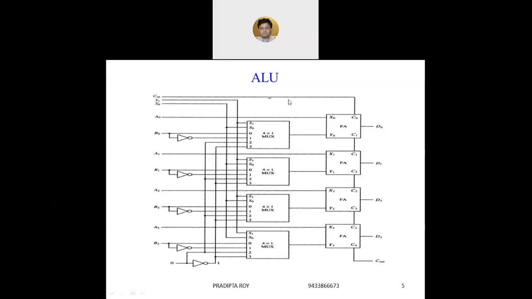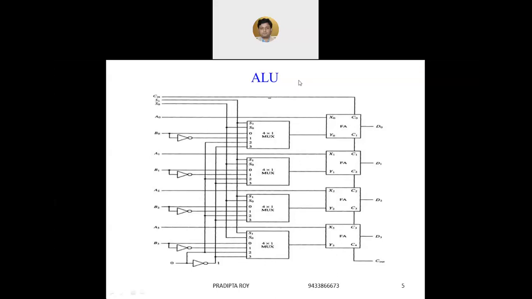Now in the previous case, we found that A plus 2's complement of B is equivalent to A minus B, so definitely we can represent this as an A minus B operation. In the same way, if A plus 2's complement of B is equal to A minus B, then A plus 2's complement of 1 will be equivalent to A minus 1.